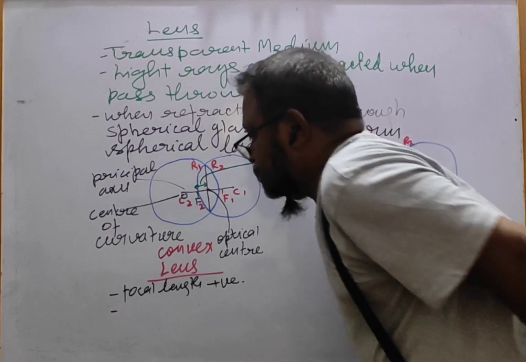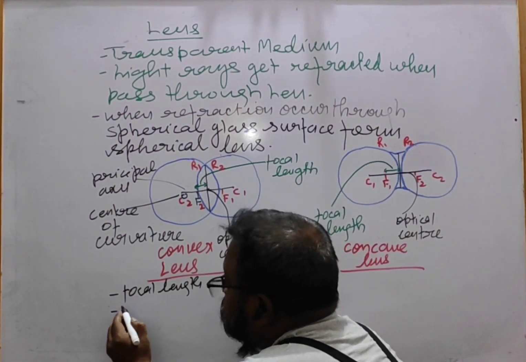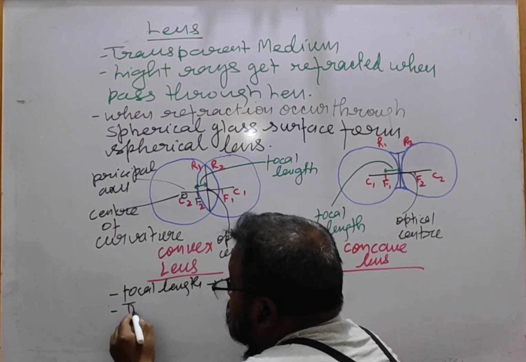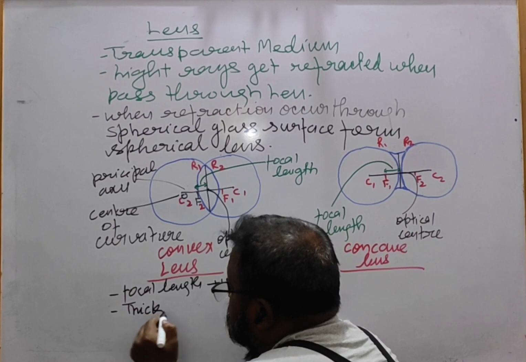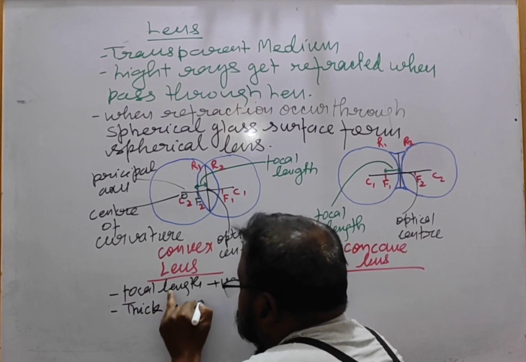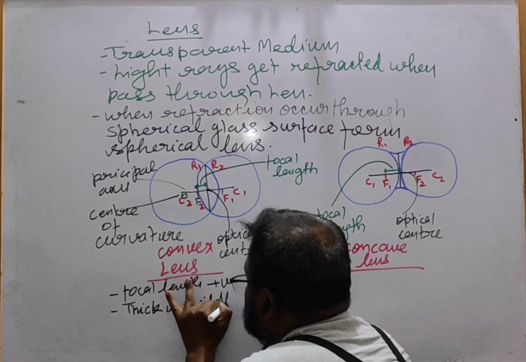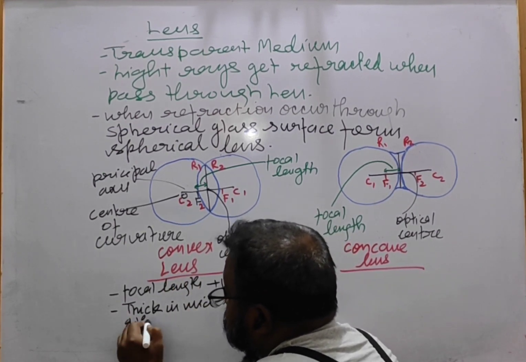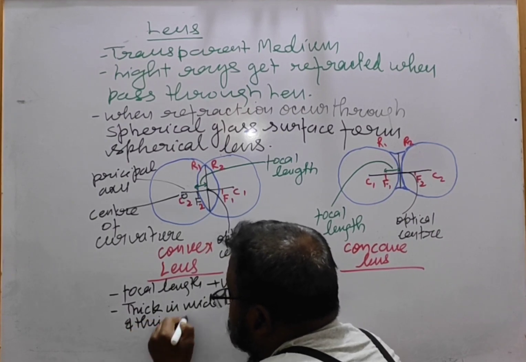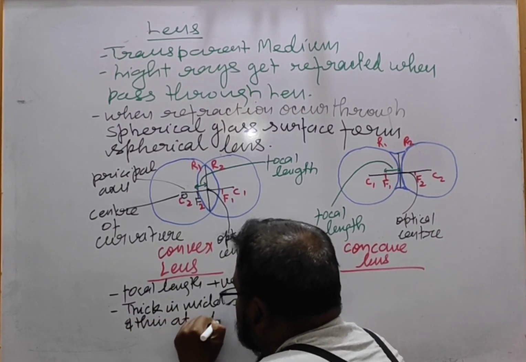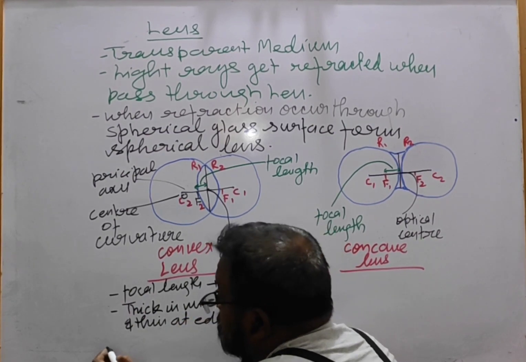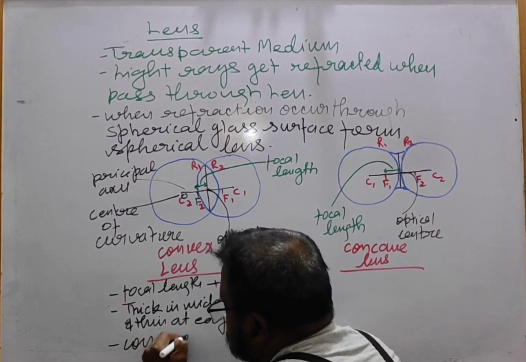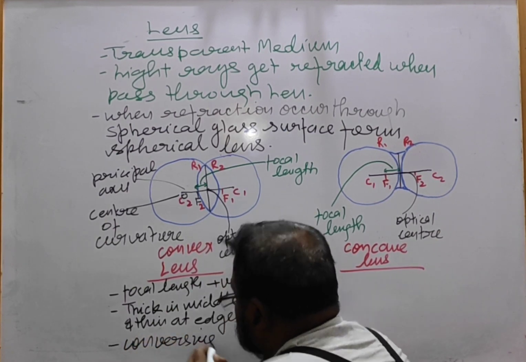They are thick in middle and thin at edges, right? And they are converging lenses.